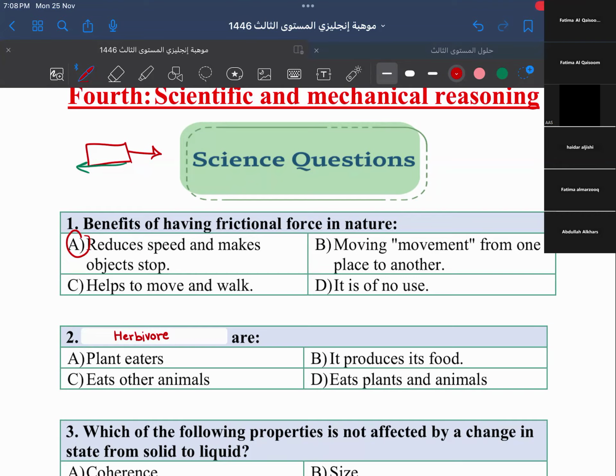You're always going to slide and fall. If there's no frictional force, you're not going to be able to walk correctly. It can apply, but the most correct answer is A, because we're talking about the main idea here.